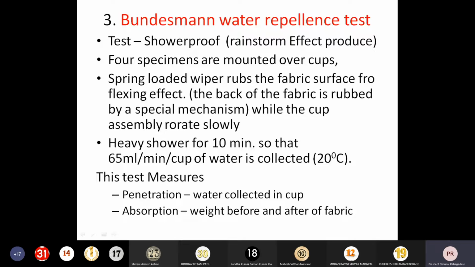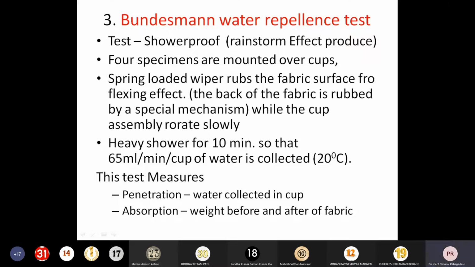Now during the shower, the back of your fabric will be rubbed. Means the fabric is kept below this artificial rain, and the back side of the fabric will be rubbed by a special mechanism which is intended to simulate a situation called the flexing effect. Normally this takes place when we wear cloth.